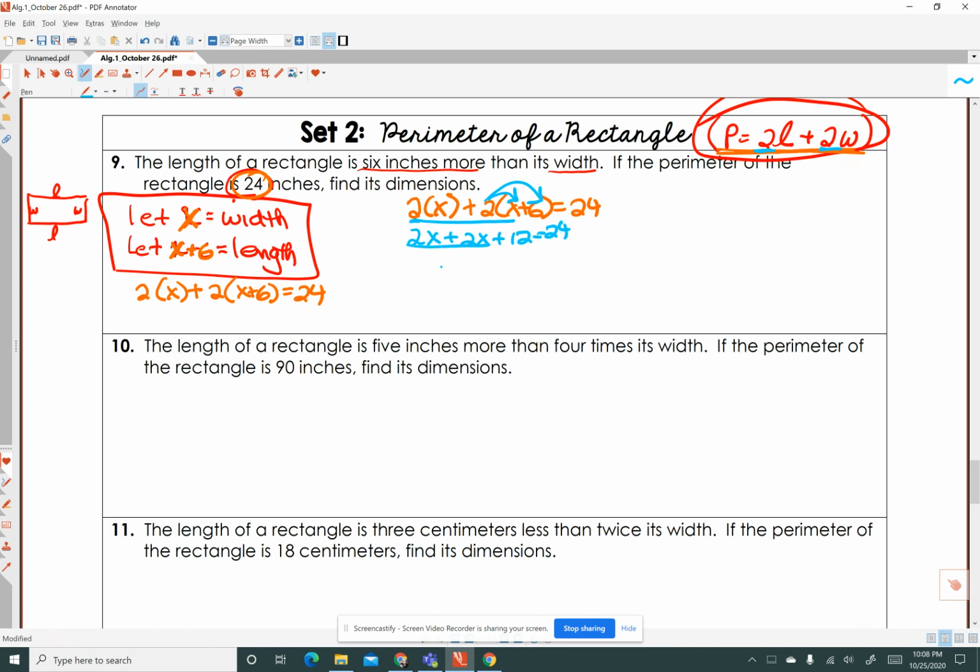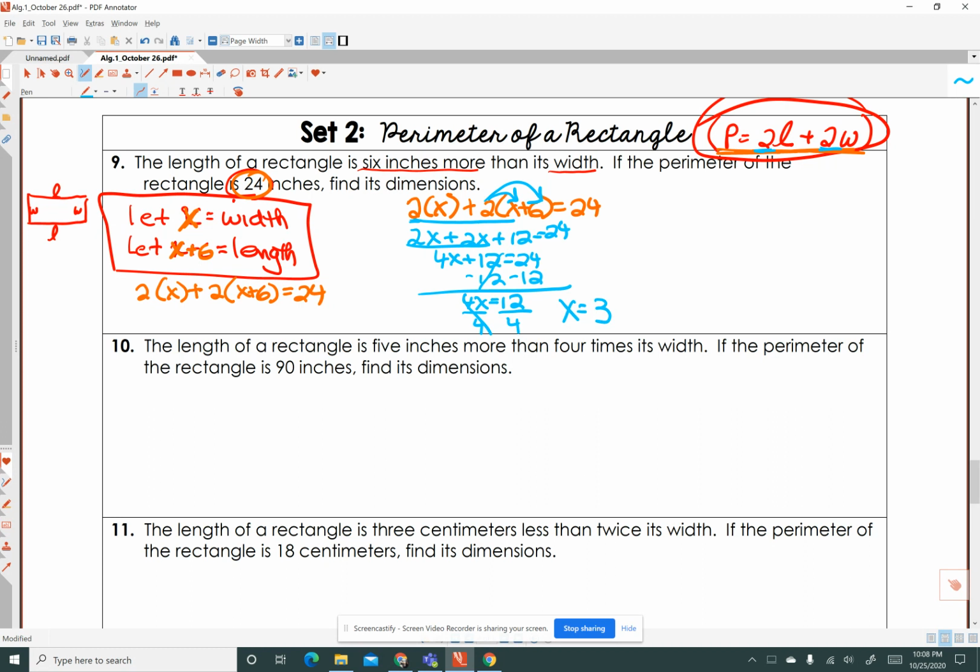Now we'll combine the x terms. 4x plus 12 equals 24. Now we'll subtract 12 from both sides. 4x equals 12. Divide both sides by 4, and x equals 3.